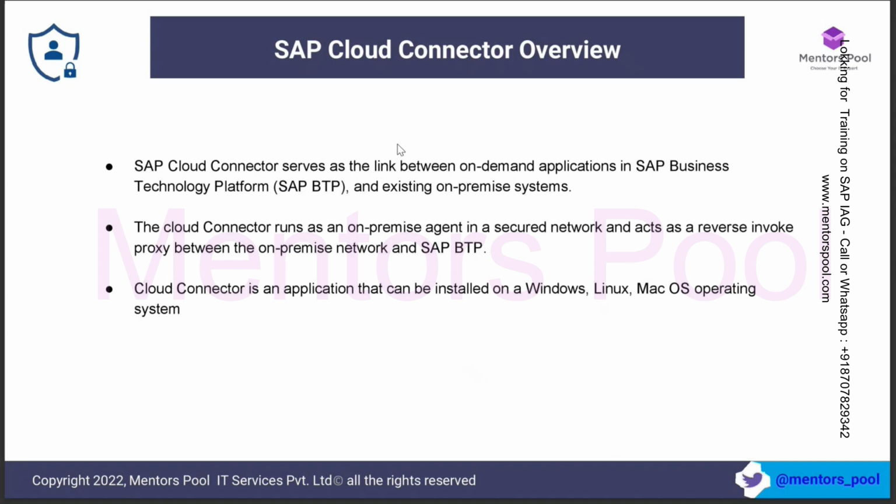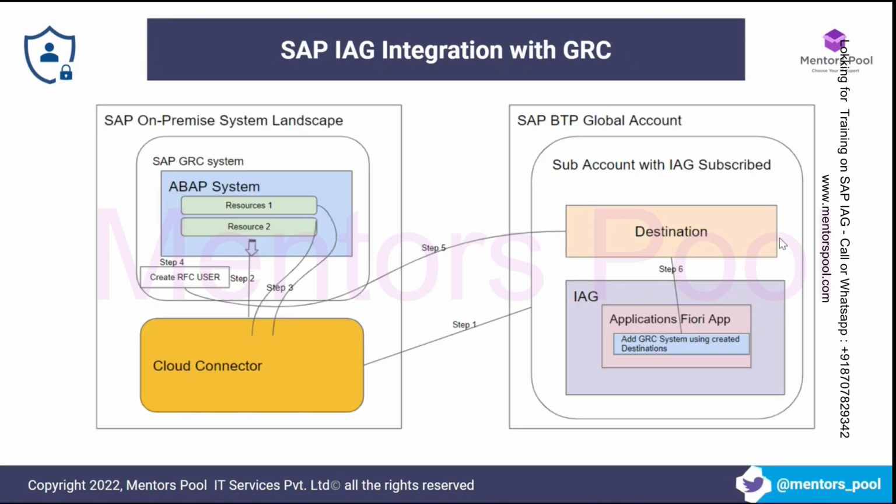Now we can go ahead and start understanding what are the steps involved in integrating any on-premise application with IAG, and we'll also do it step by step in the system so that we have very good clarity on this. So let's understand our integration scenario first in one diagram, which will give you an overall idea of how this integration looks and what all the steps we have as a part of this integration.